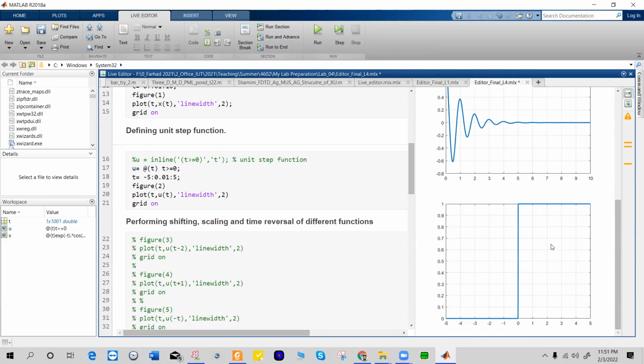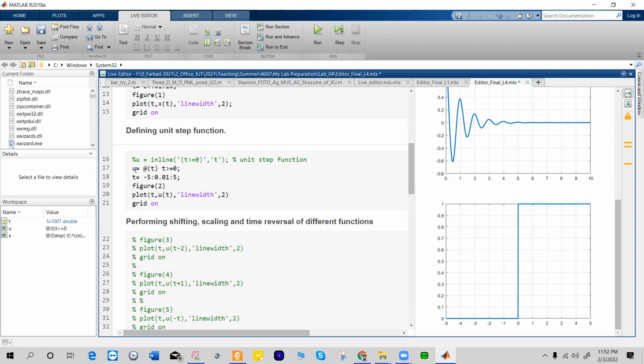Here you can see u is defined in terms of t greater than or equal to 0. Please try to look at this point. This is a condition. This condition is checking the value of t, and if this condition is true, you will have 1.